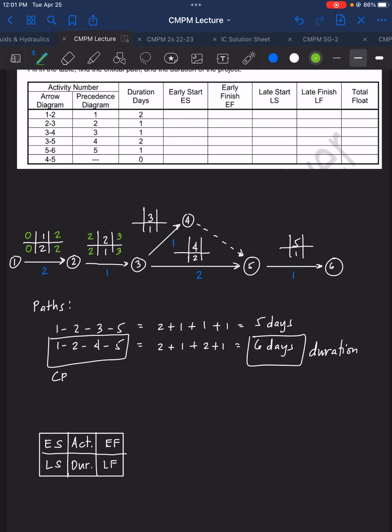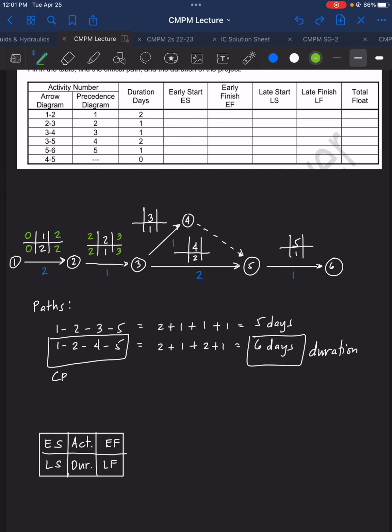Next, let's go to activity number 4. The earliest start for activity 4 requires that activities 1 and 2 finish first.